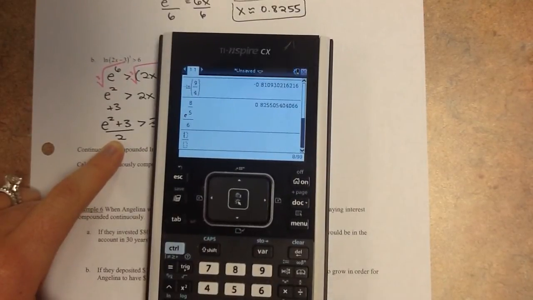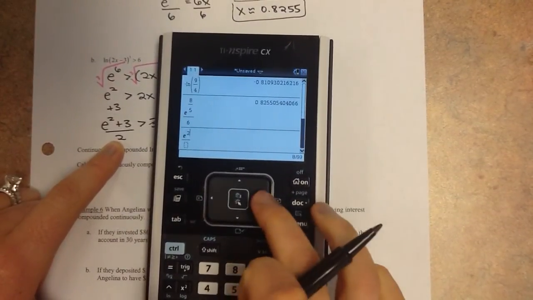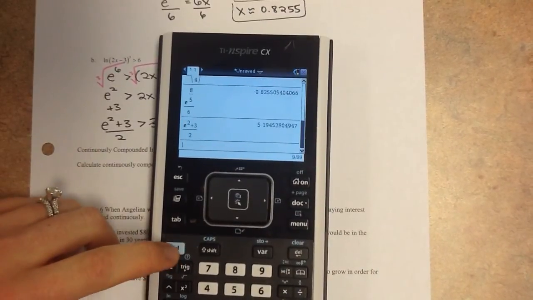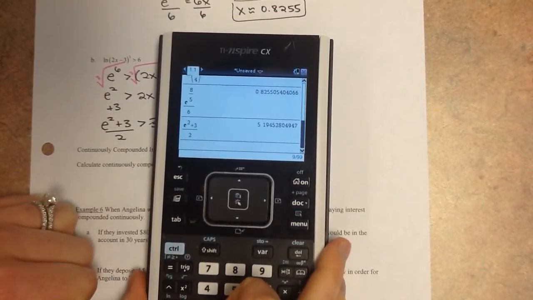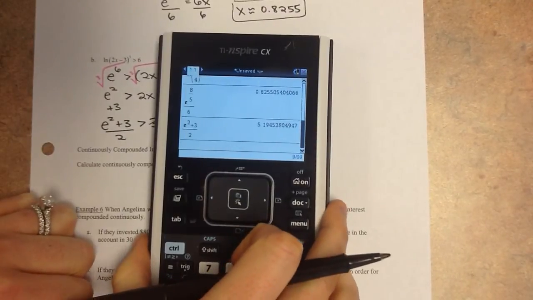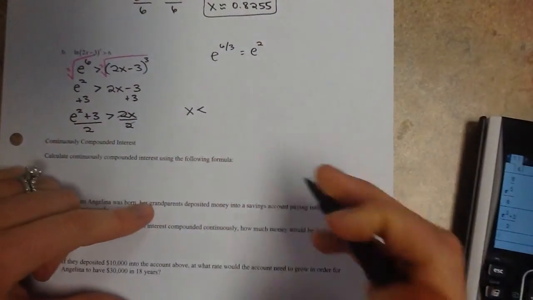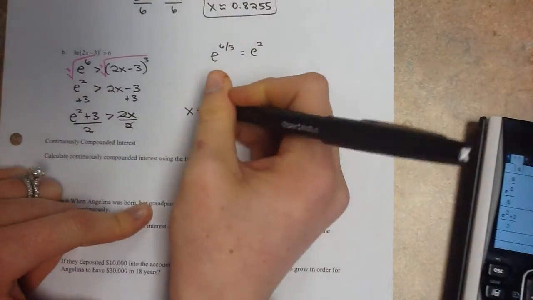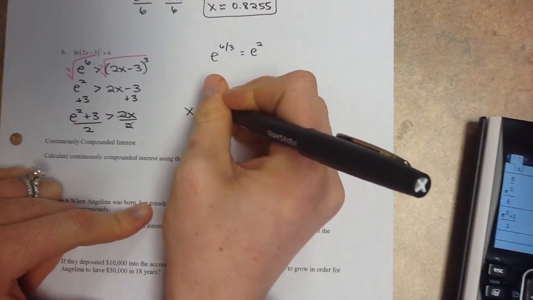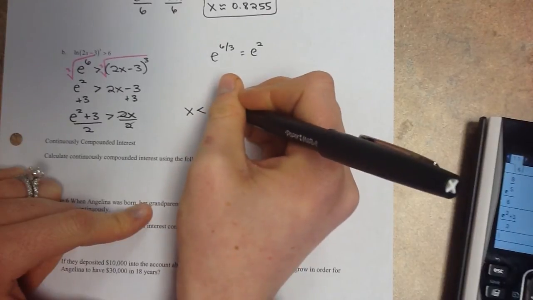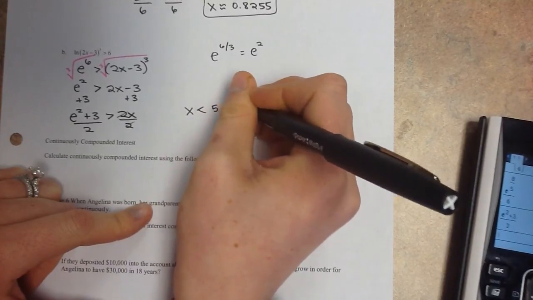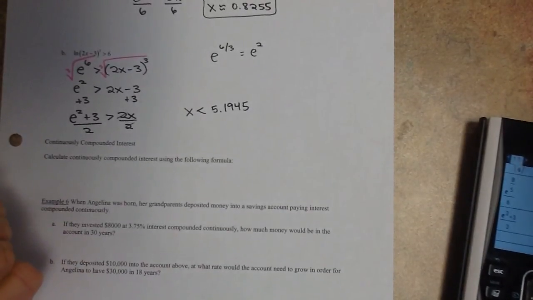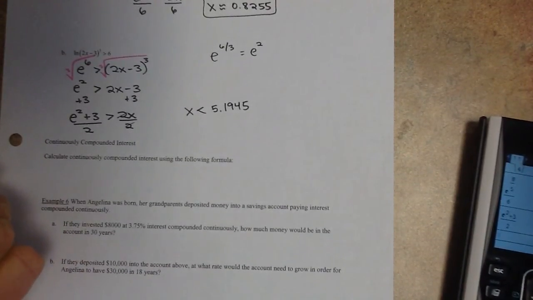So a little fraction, e to the 2nd power plus 3, divide that all by 2, and we get this value. Okay, about 5.1945. Okay, so that's our starting value there.